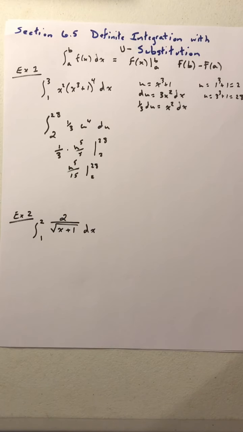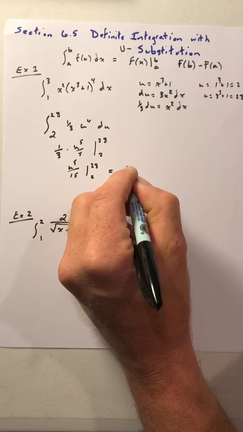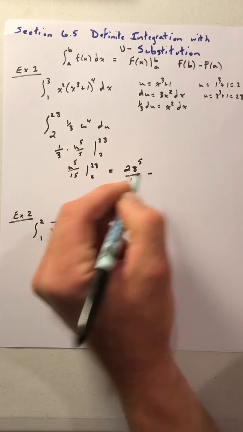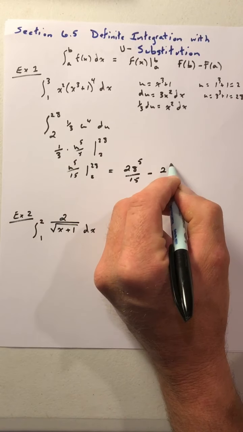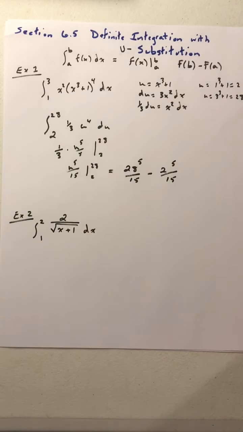Now again, I would not ever expect you to know what 28 to the fifth is, but this is going to look like 28 to the fifth over 15 minus 2 to the fifth over 15. And we go ahead and put that into our calculator.